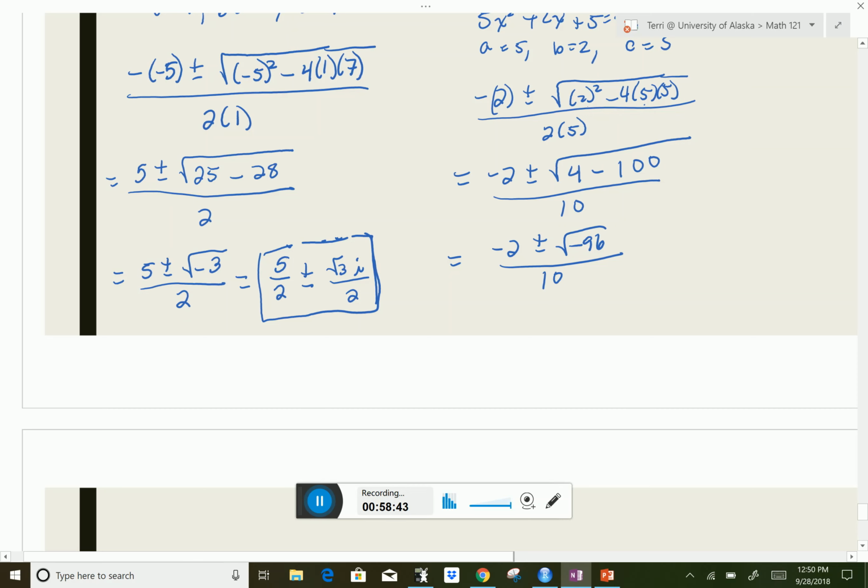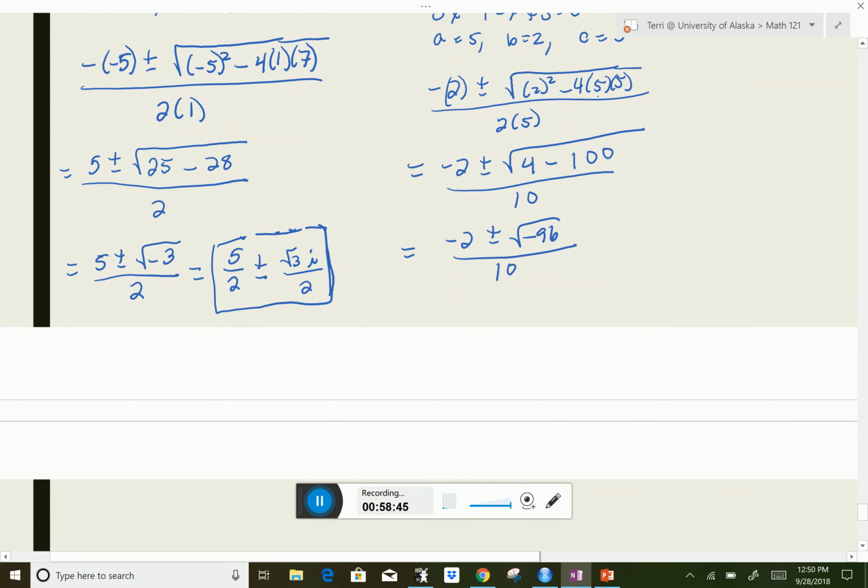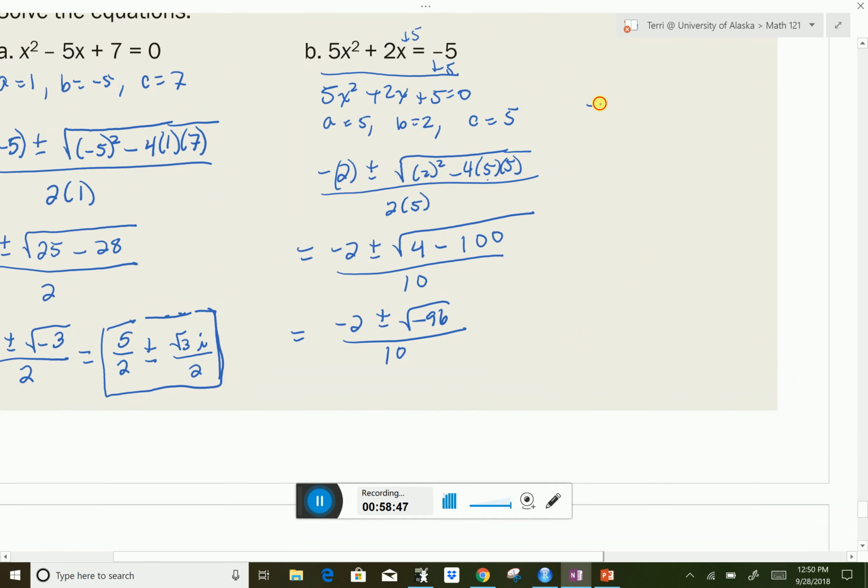So 96, I know that's divisible by 16. So I'm going to rewrite this as negative 2 over 10 plus or minus the square root of 16 times the square root of 6 times the square root of negative 1, put that over 10.